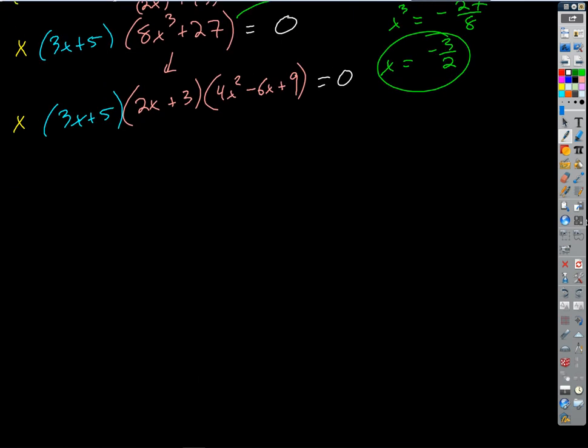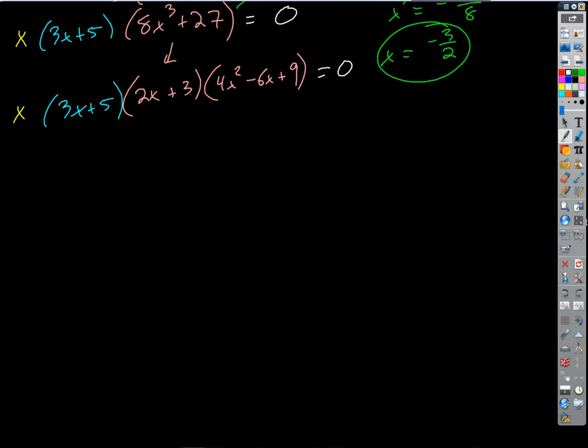Right, and now we can just set everything equal to 0 and solve, right? That make sense? Yeah, we find all the zeros.